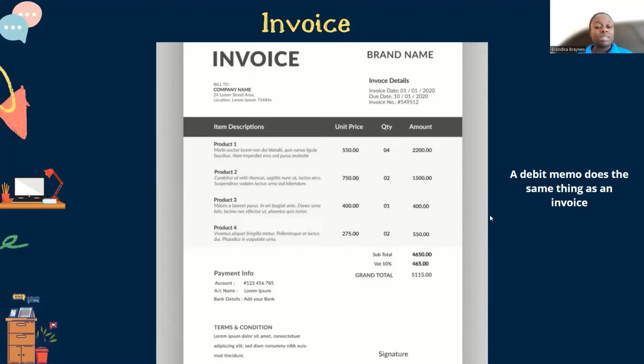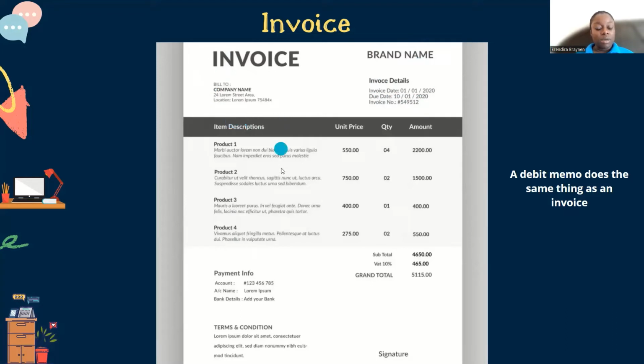And so companies' invoices normally have the name of the company and their information, invoice details like invoice date, the date of the invoice, the due date, the period of time in which they want you to pay this bill. Each invoice usually has a unique number. The name of the customer normally is who it's being billed to.